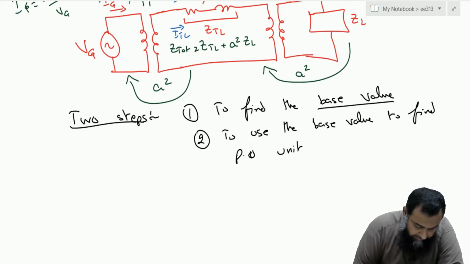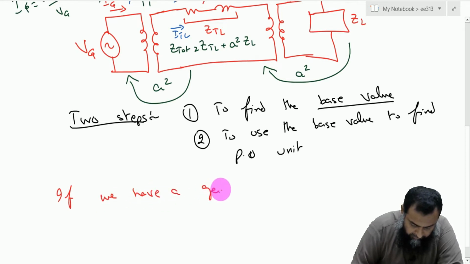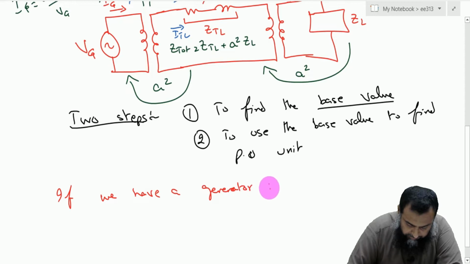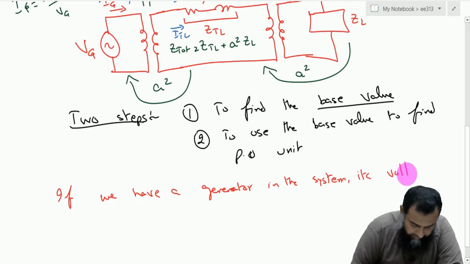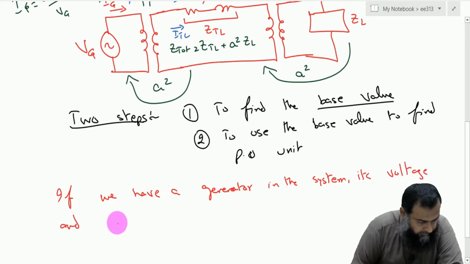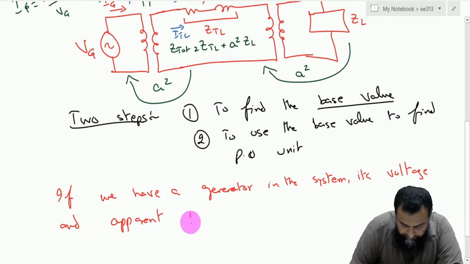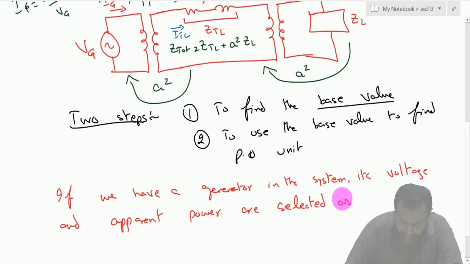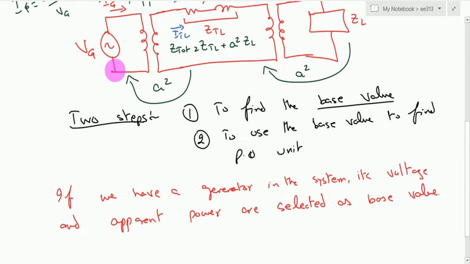One is that if we have a generator in the system, its voltage and apparent power are selected as the base value. For example, in this circuit we have this Vg, and whatever is the power rating of this generator will be selected as a base value.